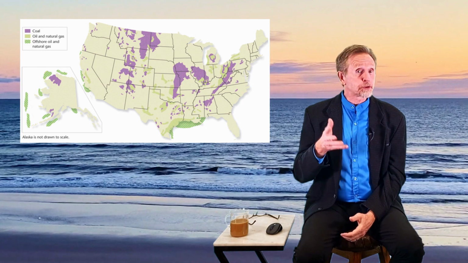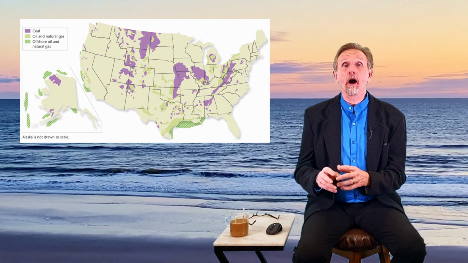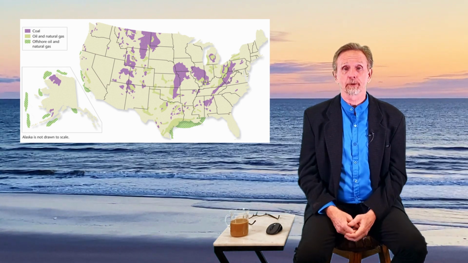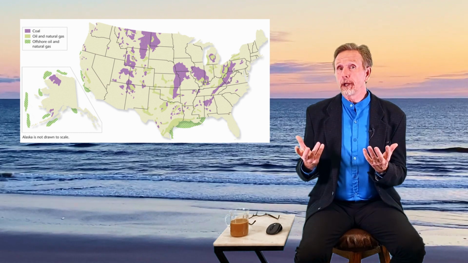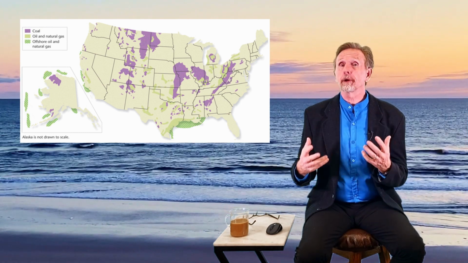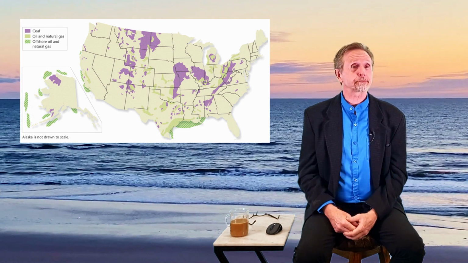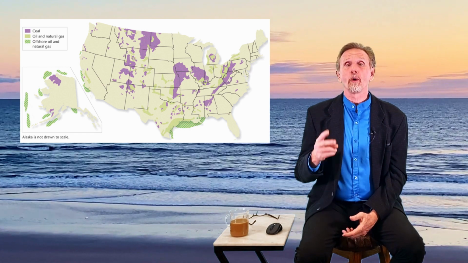And then the striped areas, these are offshore oil and natural gas. So we in the United States are fairly blessed to have pretty large deposits of all three: coal, oil, natural gas. We don't get as much natural gas off the areas of coal, but as we do coal mine, natural gas does escape and leak out. Natural gas being methane.